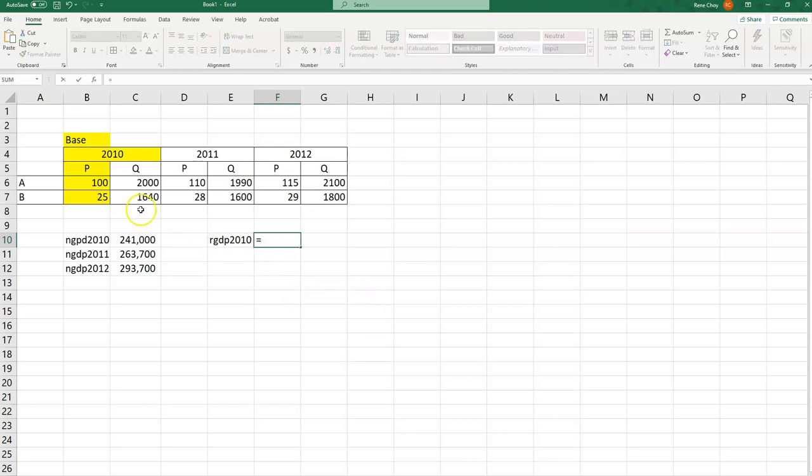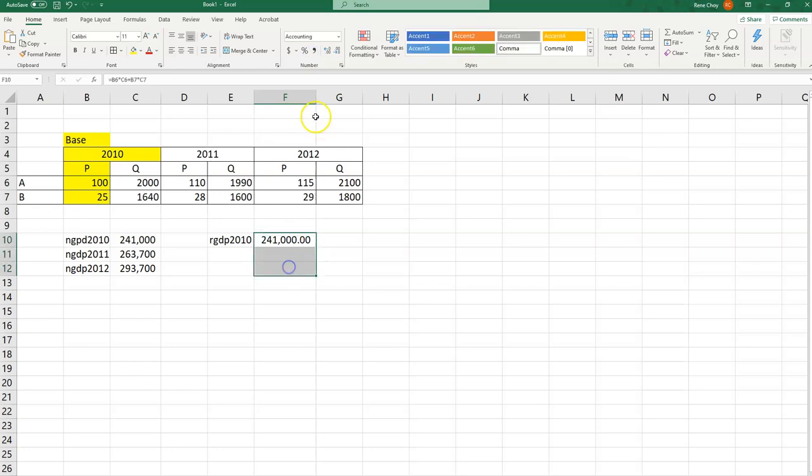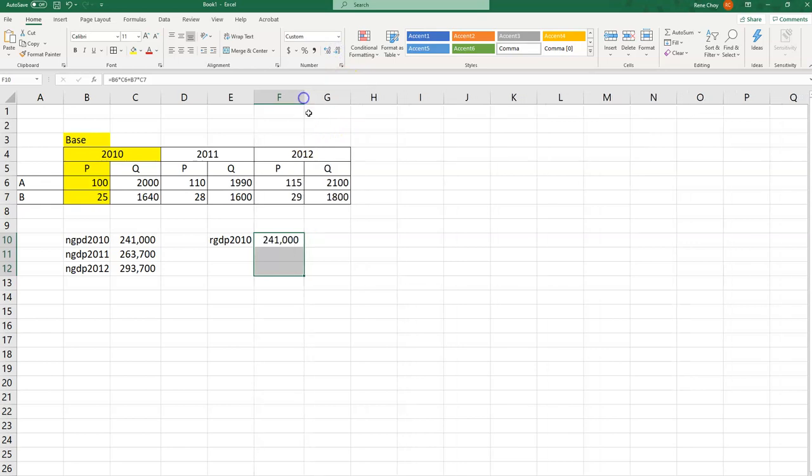So you do this times this plus price times quantity. Okay, so it gives you the same number. The reason it gives you exactly the same number, of course, is because we're using that year as the base. But in every other number, it will give you something different.